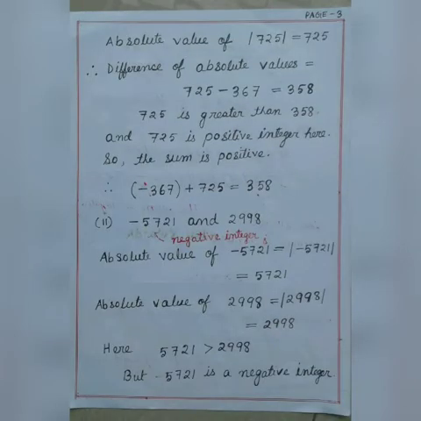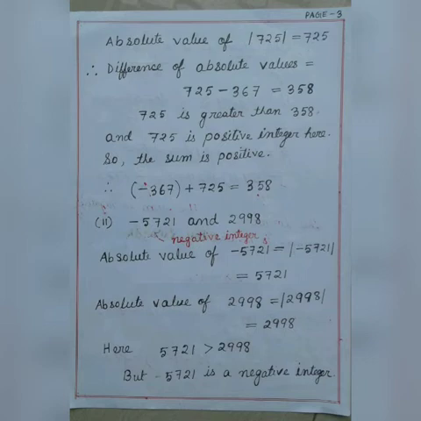Same way, absolute value of 725 is 725. Now, we have to find the difference of the absolute values because one number is positive, one is negative. So the difference of the absolute values will be the sum of the integers.